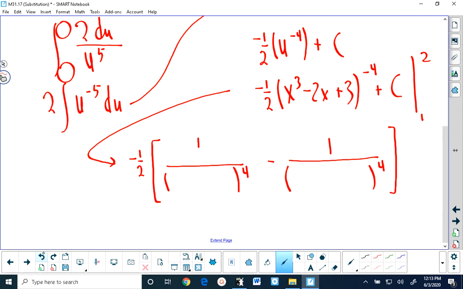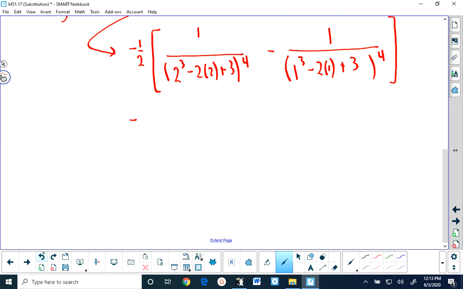So I am going to have 2 cubed minus 2 times 2 plus 3. And I'm going to have 1 cubed minus 2 times 1 plus 3. Those are both raised to the 4.